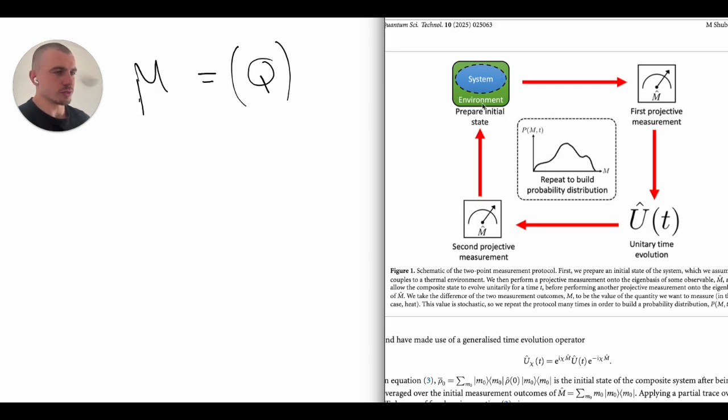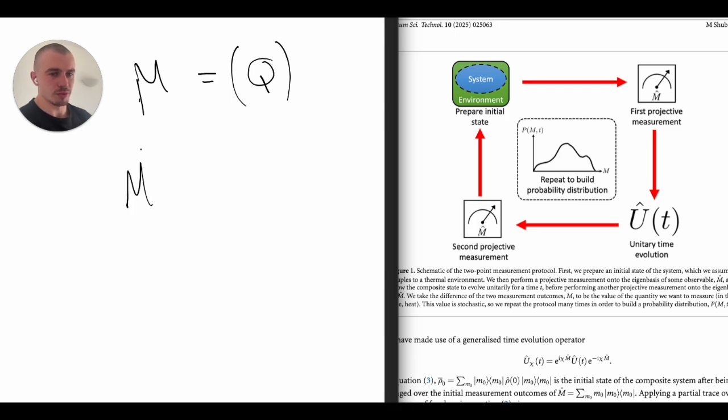So the first thing that we do is we prepare an initial state of the system, and we're going to assume that it's in contact with the thermal bath, so it's in the Gibbs state. We then perform a projective measurement onto an observable, which we call M. Okay, so this is a Hermitian observable. And then we allow the composite system, so the system and the environment together, which are a closed system, to evolve unitarily for some time t.